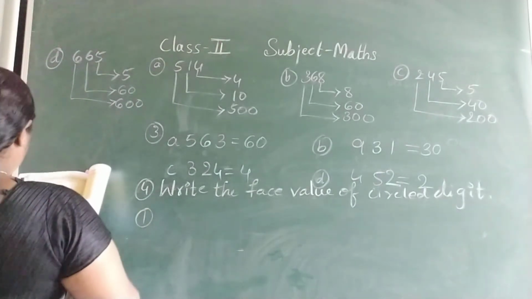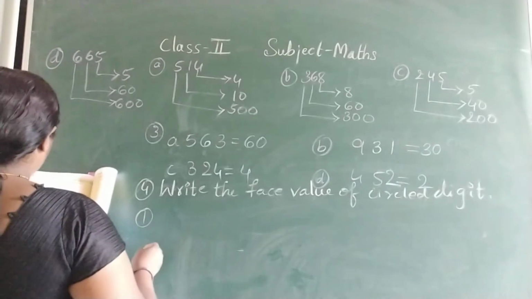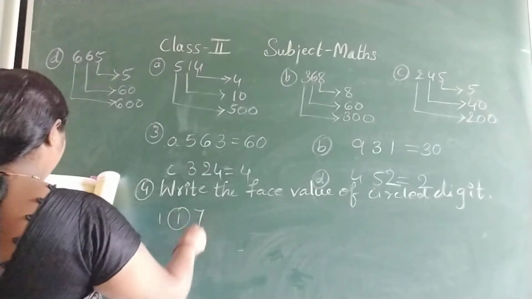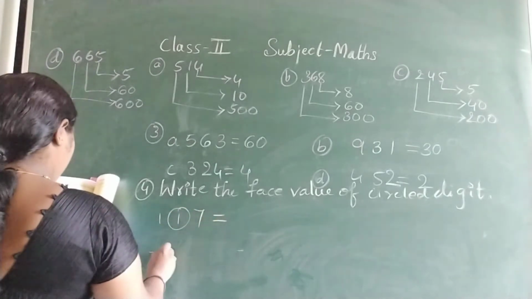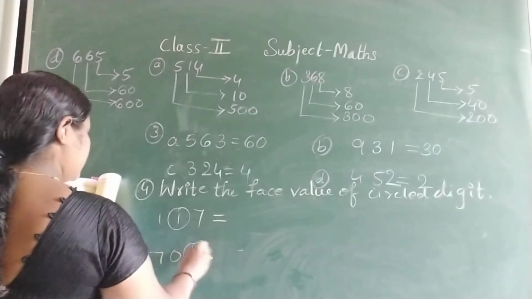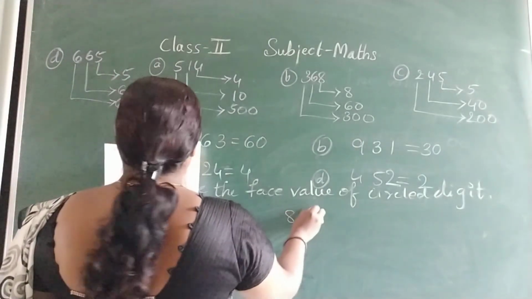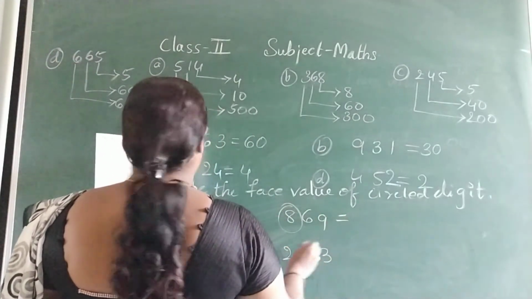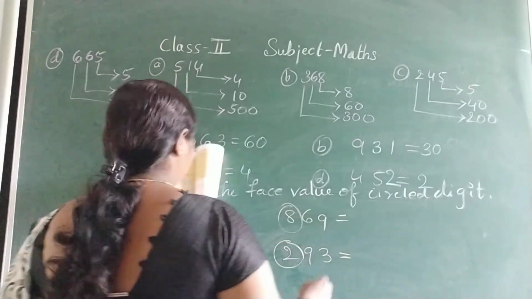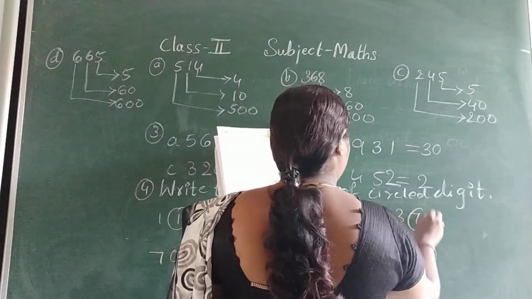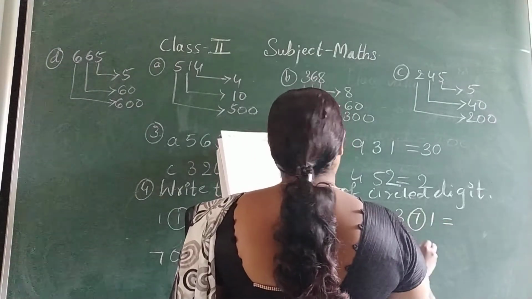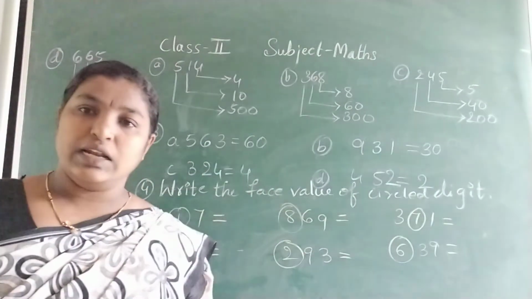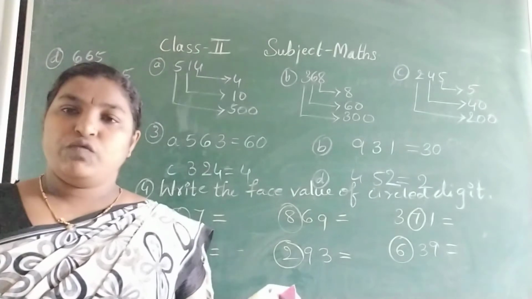The numbers are 1, 7, 7, 0, 8, 8, 6, 9, 2, 9, 3, 3, 7, 1, 6, 3, 9. Okay. Which number is circled, that number's face value we should write.